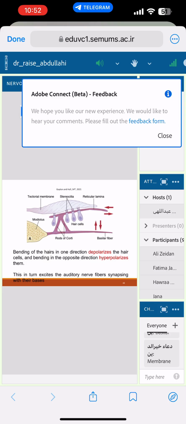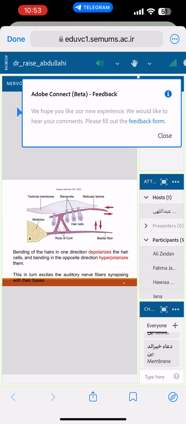So hair cell movement in one direction depolarizes the hair cells, and in the opposite direction hyperpolarizes the hair cell. And as you know, these hair cells are connected to the auditory nerve fibers.